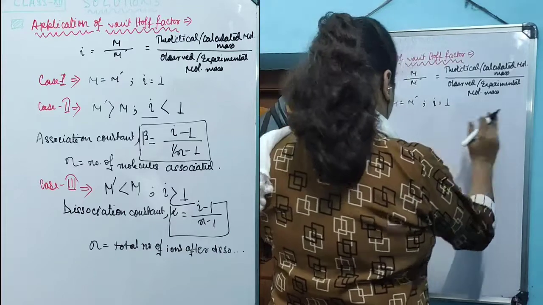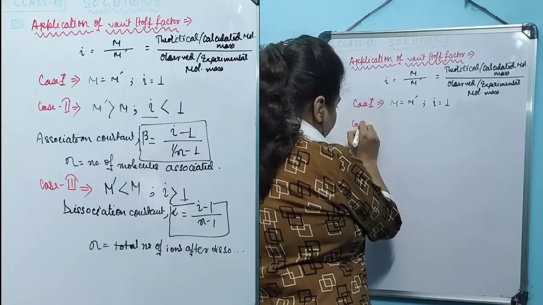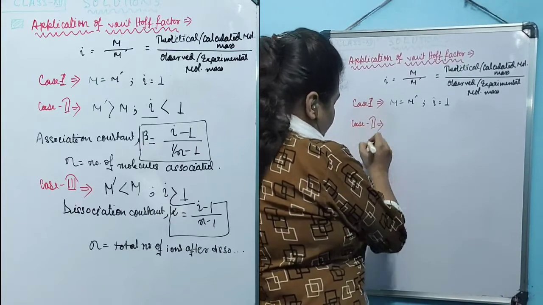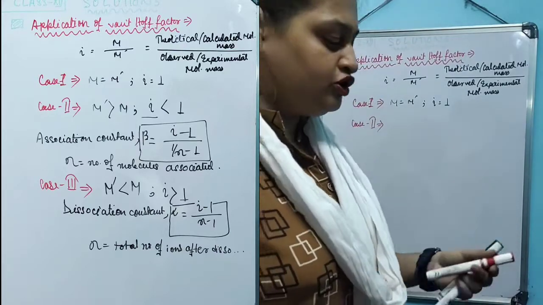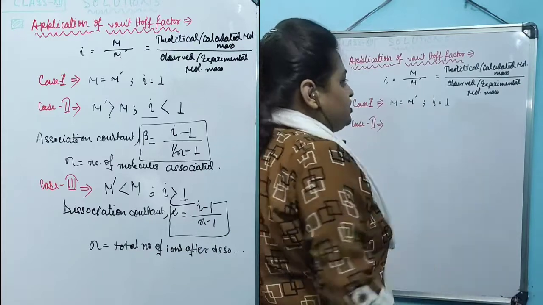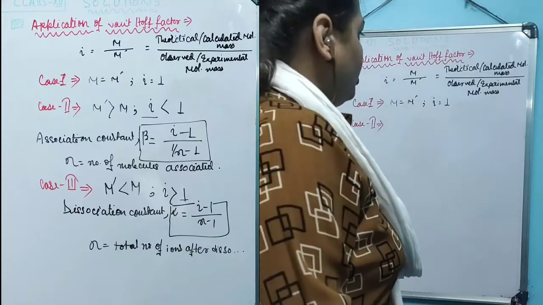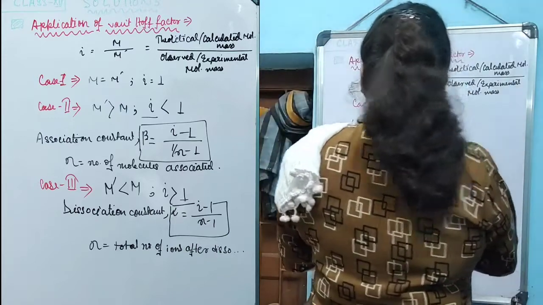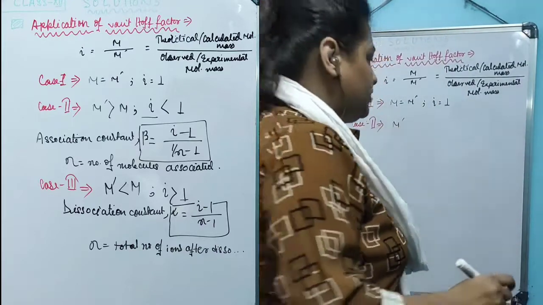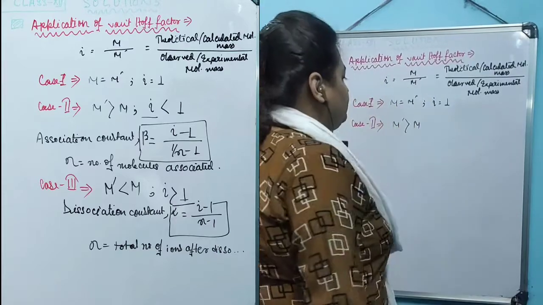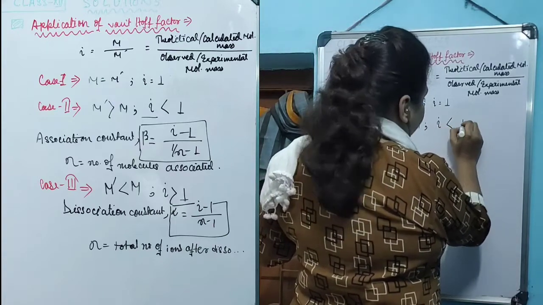Case 2: if association happens, meaning molecules associate to create larger molecules. In that case, the observed molecular mass will not be equal to the theoretical or calculated molecular mass. Instead, the observed or experimental molecular mass will be greater than the theoretical molecular mass, resulting in i less than 1.